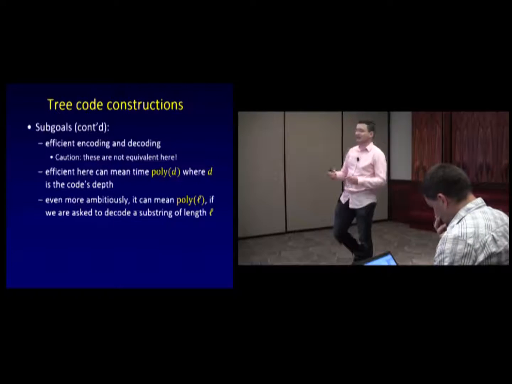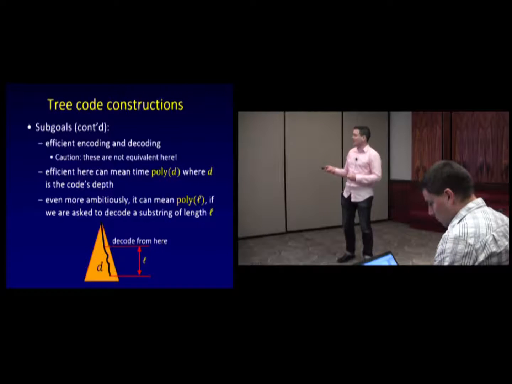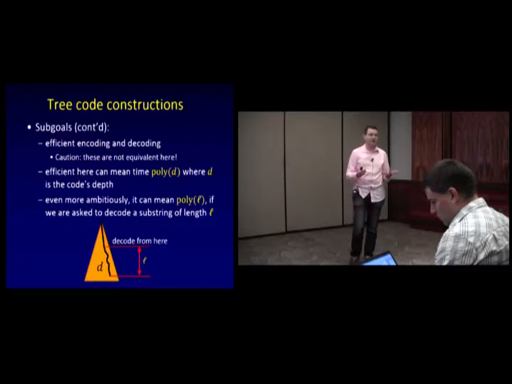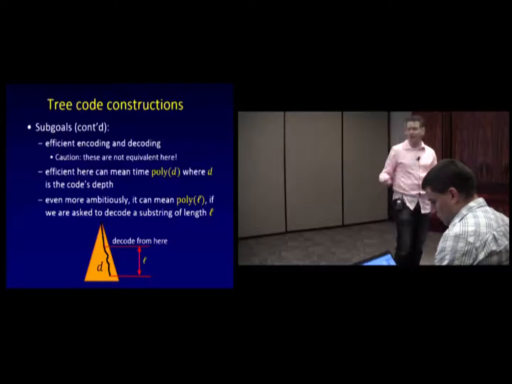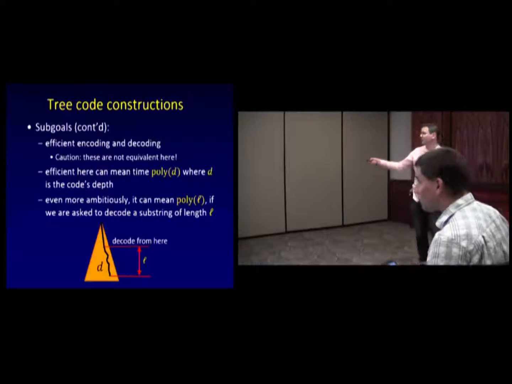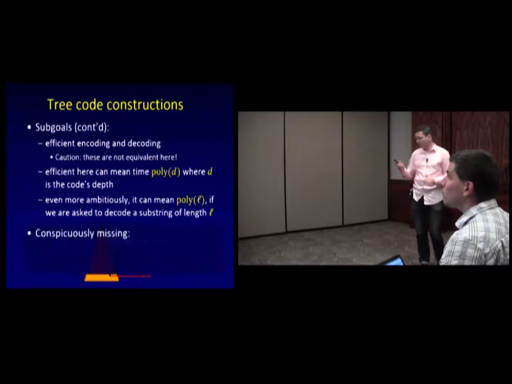More ambitiously, especially for decoding, if I already decoded part of it and I want to decode just this part, starting from here, you can even ask to be polynomial in L, the chunk you're trying to decode. My personal prediction is that if you can solve this problem, this will follow.